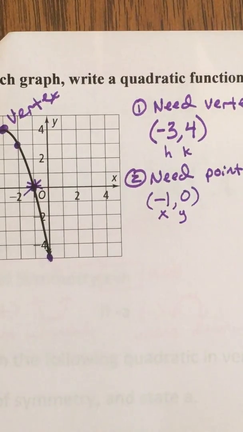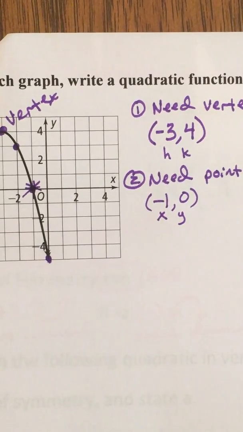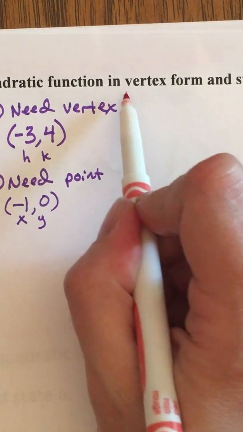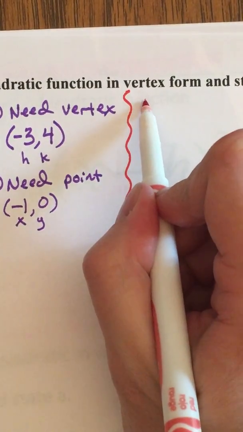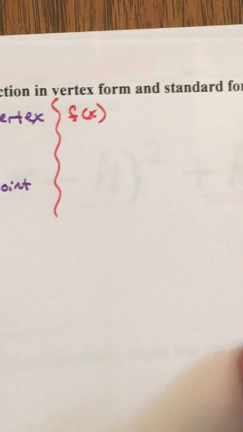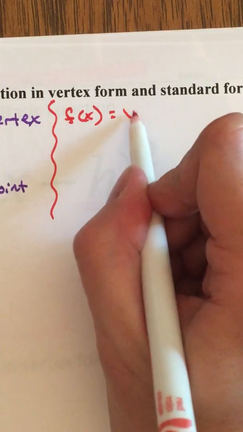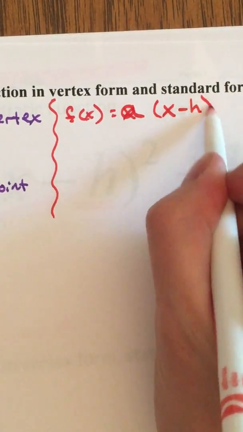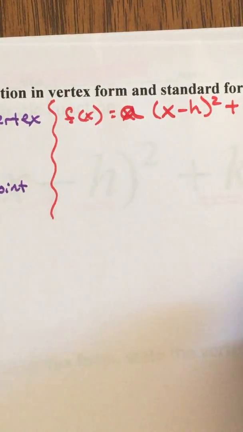All right, now it's your turn. So you have to use the vertex form of your equation. A times x minus h squared plus k to plug in your 4 numbers, the ones that we just got from our 2 coordinate points.